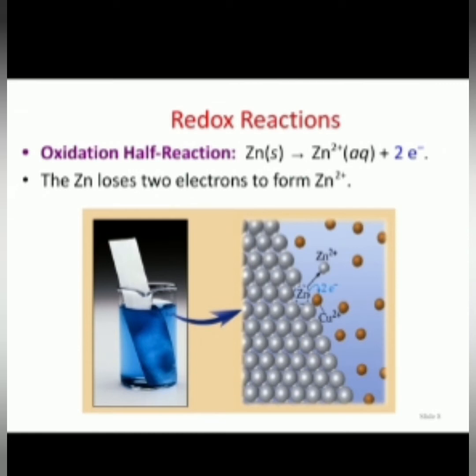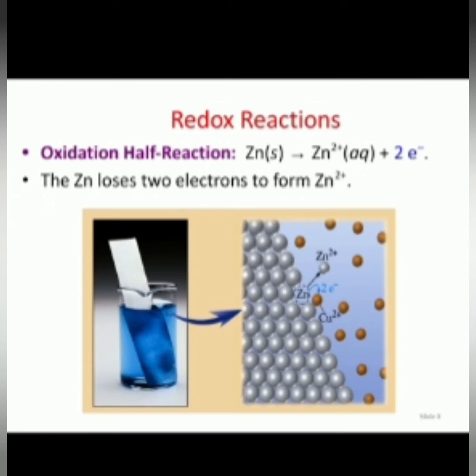For redox reactions, a cell consists of two half cell reactions. One is the oxidation half reaction and the other is the reduction half cell reaction. Here we can take the example of zinc and copper.